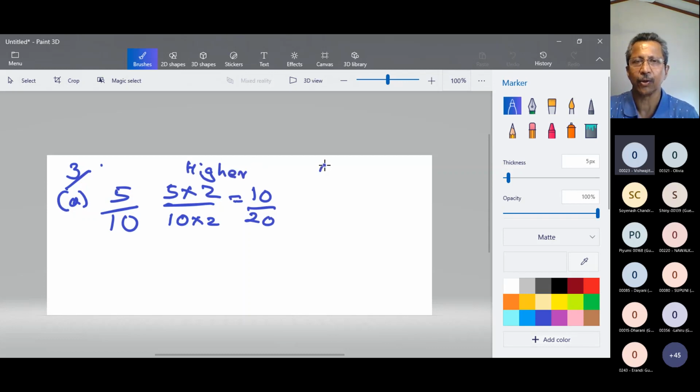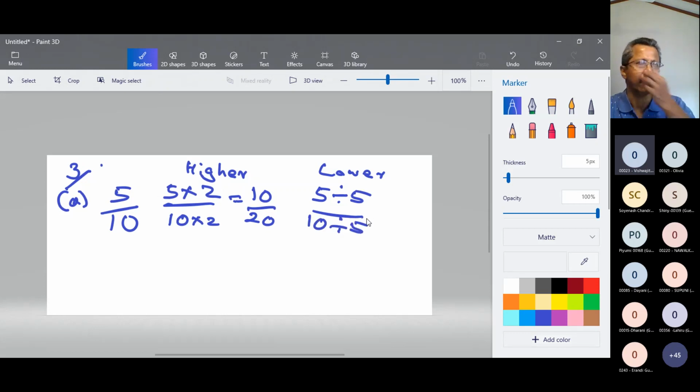Then we look at the lower. We can't make lower everyone, only if both the top and bottom are divisible. In this one, 5 and 10 are both divisible by 5. Okay. So 5 divided by 5 and 10 divided by 5.